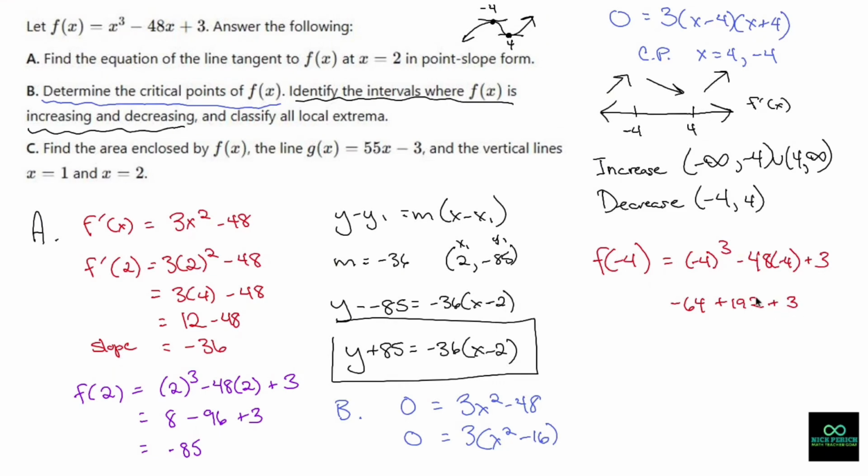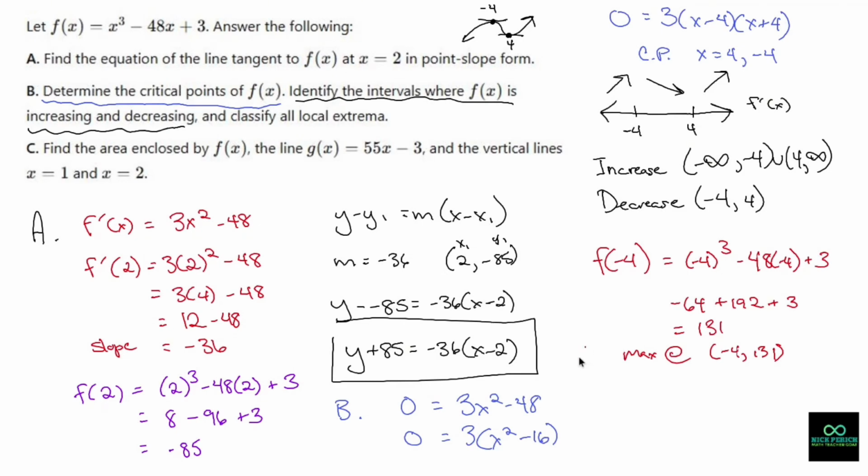So 192 plus 3 is 195. 195 minus 64 is going to be 131. Okay, so that tells us that we have a maximum at negative 4, 131. And that, let's be specific, that is a local max.